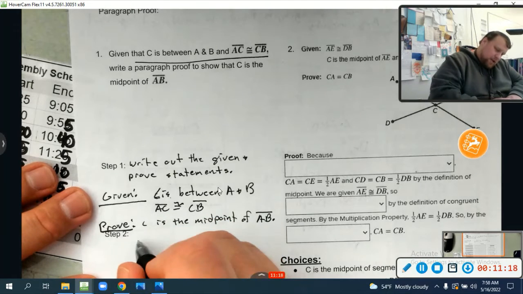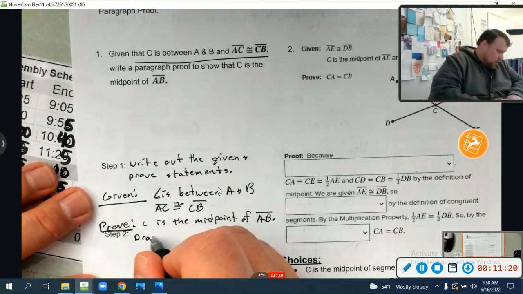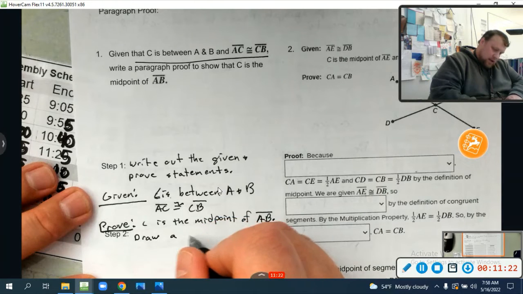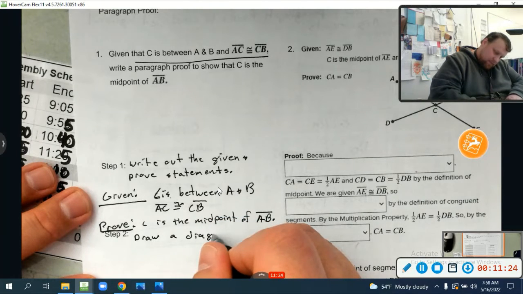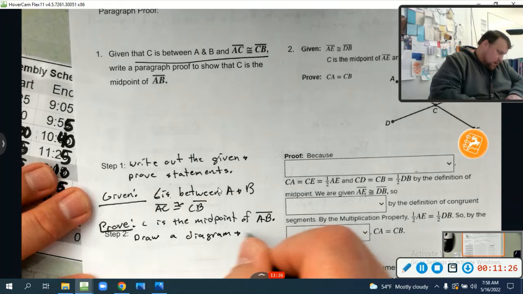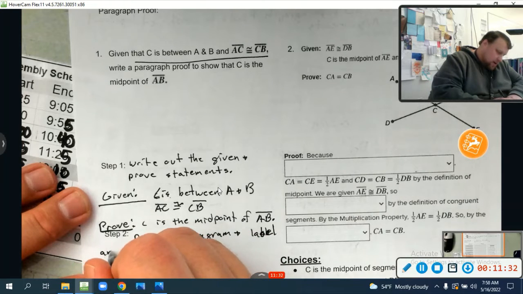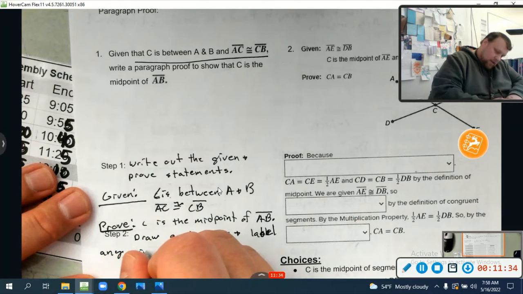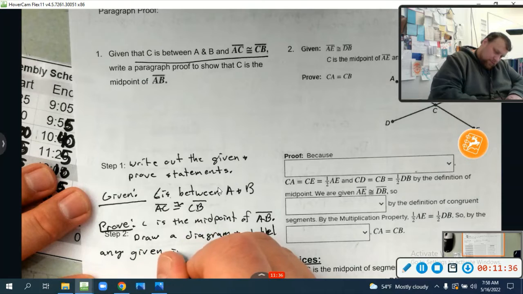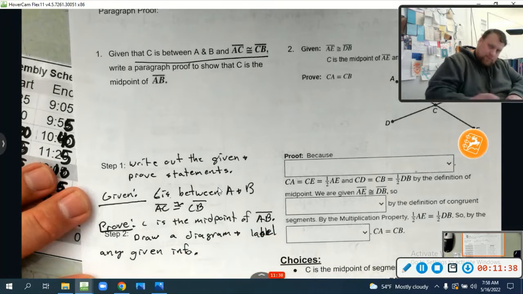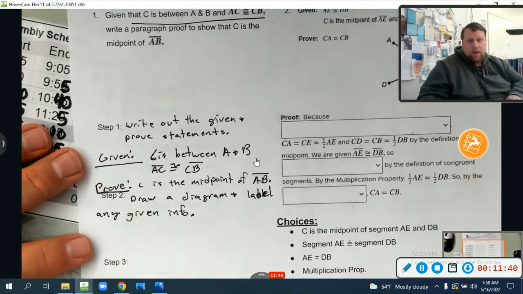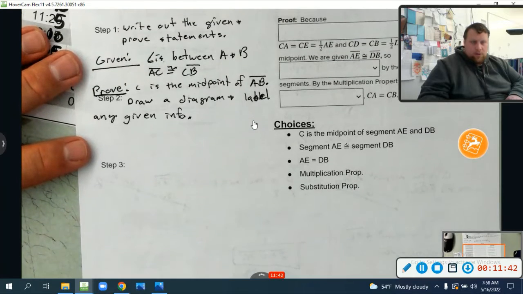Step two is draw a diagram and label any given info. So, what are we given?